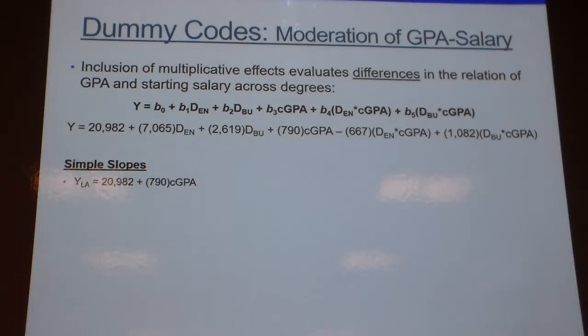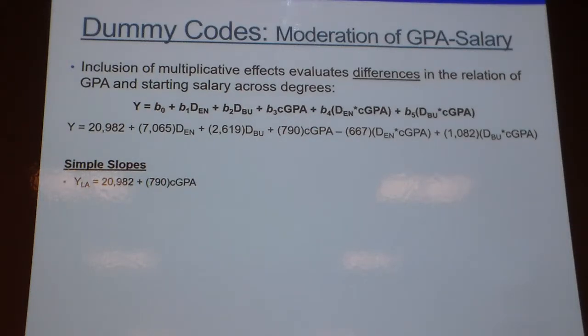And we want to look at our simple slopes, okay? Our simple slopes for our liberal arts degree is going to be our intercept here plus my coefficient for GPA, okay? Why is this, Sam?